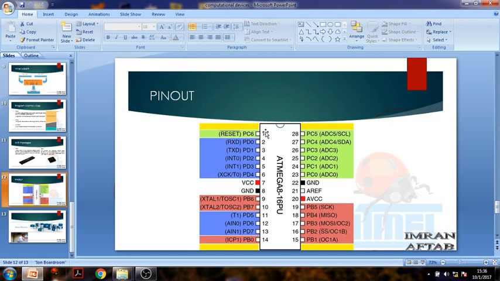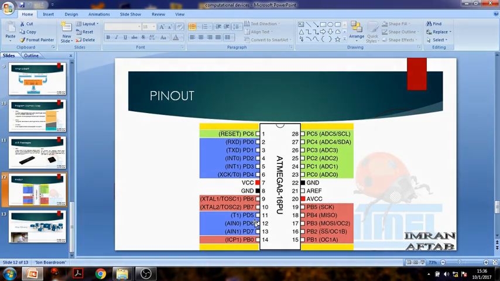So it starts from up to down, 1, 2, 3, 4 till 14, and on the next side we count from down to up, like 15, 16, 17, 18, and so on till 28. Every pin has its own feature, its own function.